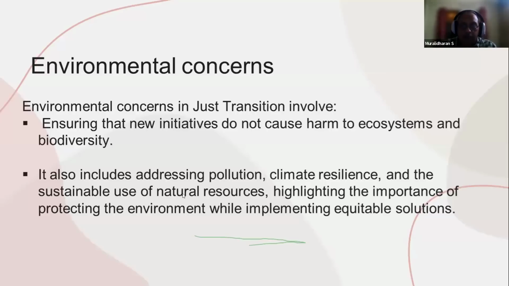So like that, we have minerals, we have coal, various other natural resources which are there. If we look at, for example, a car manufacturing company like Audi or an advanced car maker like Tesla, they use all these minerals which are the energy transition minerals.